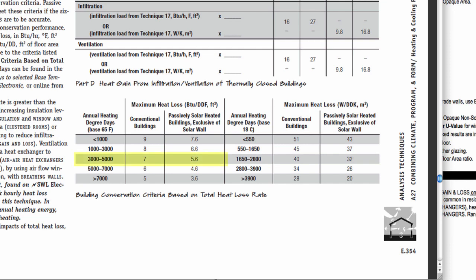And for our degree days of 3946, that would fall roughly in the middle of the 3,000 to 5,000 annual degree day range. That's here in this row. So our annual maximum heat loss rate would be 7 BTUs per degree day per square foot of floor area for a conventional non-solar building, and 5.6 BTUs per degree day per square foot for passive solar buildings.